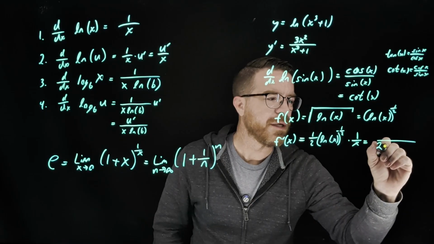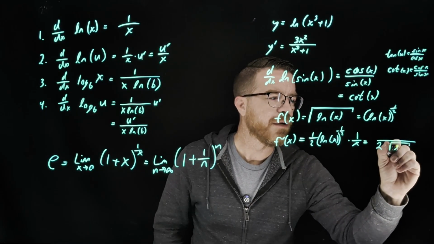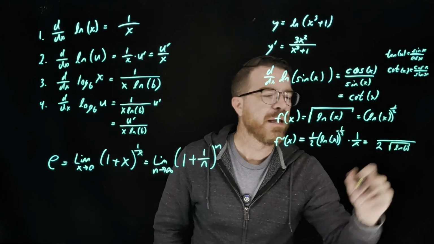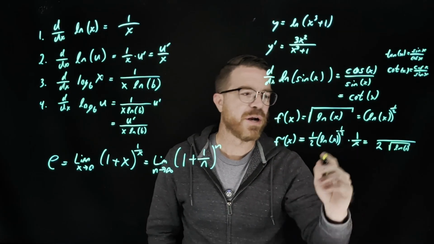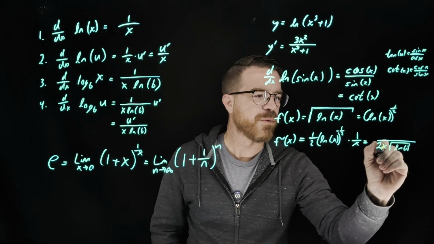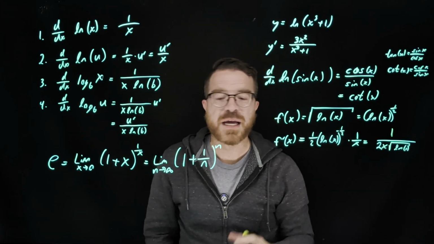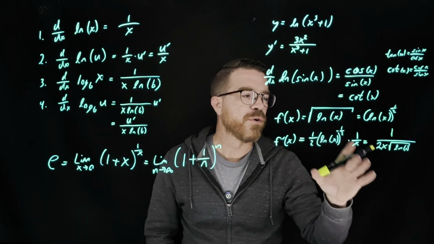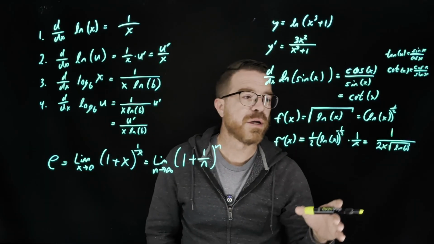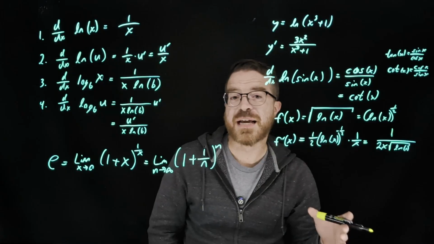So this is going to be the square root of the natural log of x. And then, of course, we have this times 1 over x. So I'm just going to slide that in front of our square root. We have nothing else on top, so I'm just going to put the 1 there. So this is equal to 1 over 2x times the square root of the natural log of x.